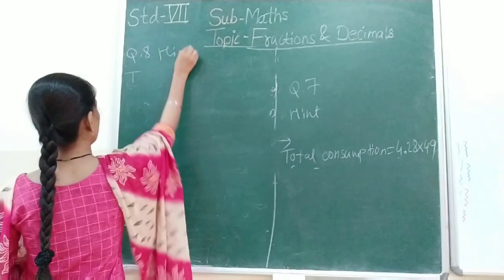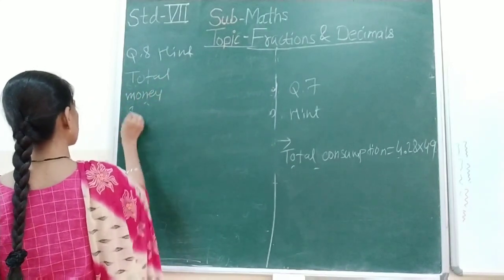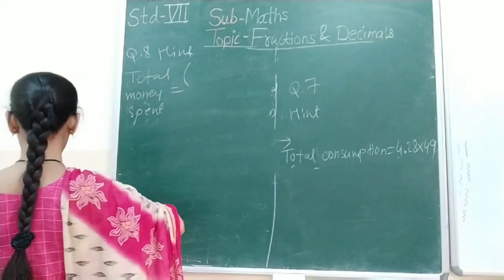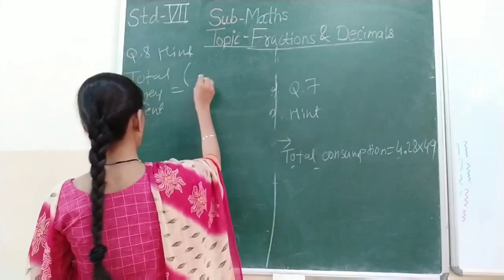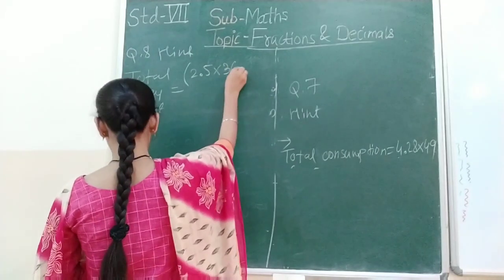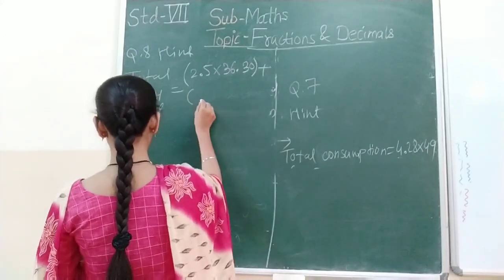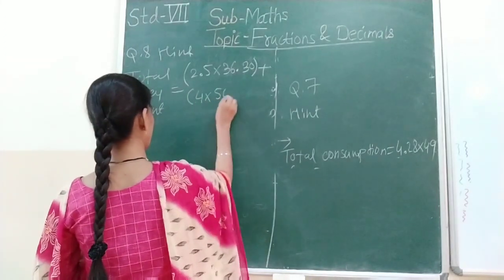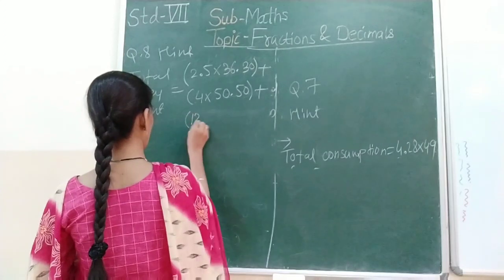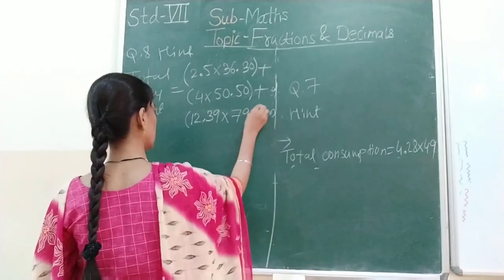Hint. Total money spent is 2.5 multiplied by 36.30 plus 4 multiplied by 50.50 plus 12.39 multiplied by 79.03.